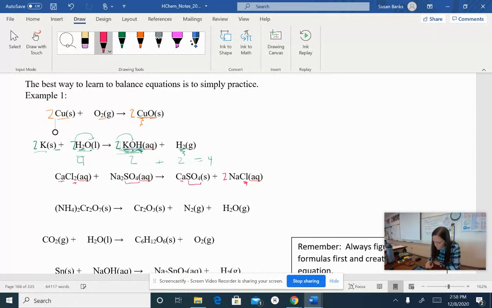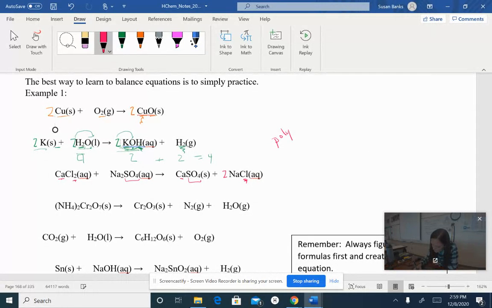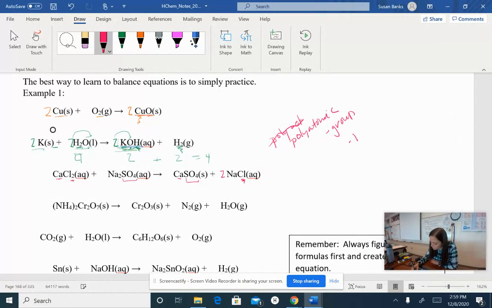So I'm good here. And then look at this. SO4 and the group is the same. So if the group stays the same on both sides of the equation, balance it as the group. So if I have a polyatomic like I do here, and it stays as a group on both sides of the equation, balance it as a group.